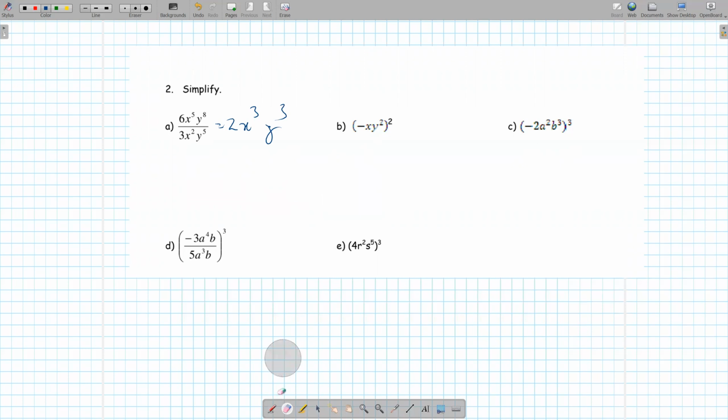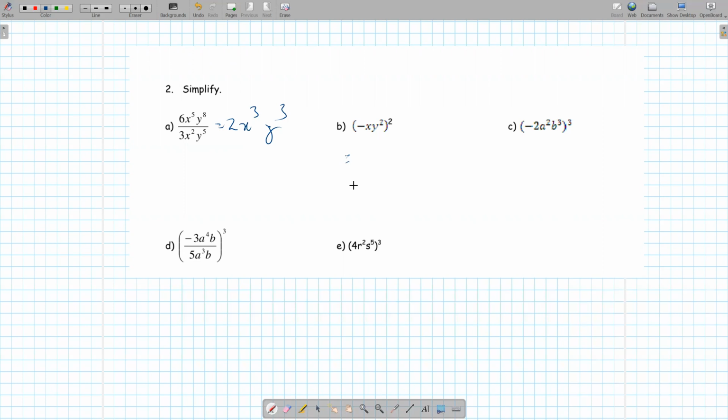Look at B. What do you think the answer to this is? It's gonna be a one-step answer. Is it just 4? For B?